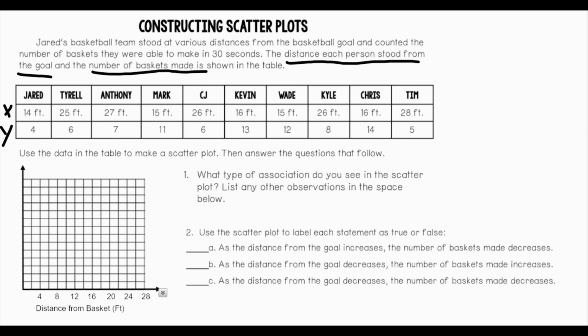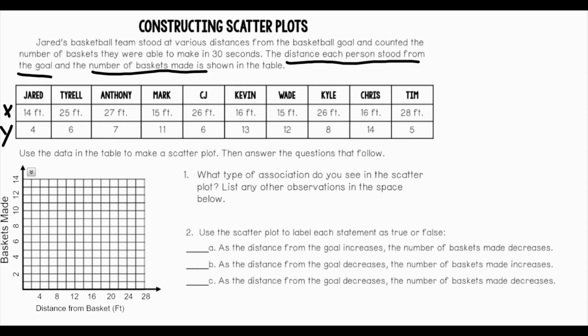So every box is 2. So I have 2, 4, 6, 8, 10, 12, etc. And then on my y-axis, I would label this the number of baskets made. I do have enough room here, so I'm just going to count by 1's. But again, I'm skipping a box and labeling every other box. So 2, 4, 6, 8, 10, 12, 14.